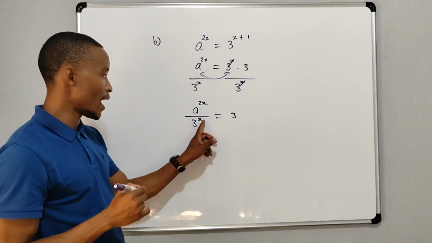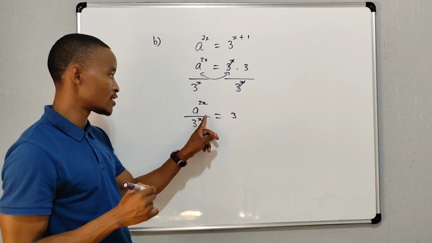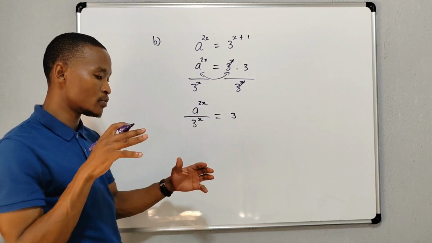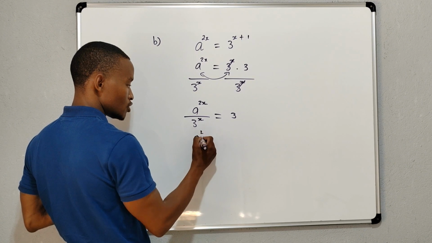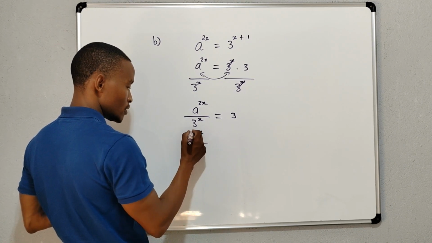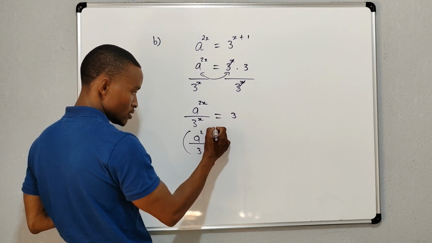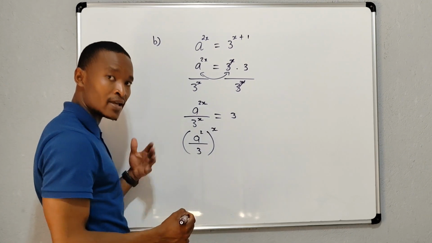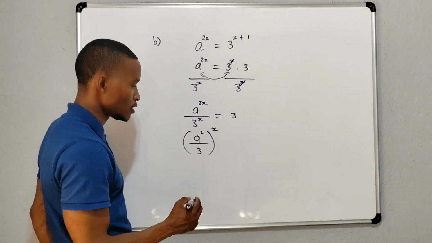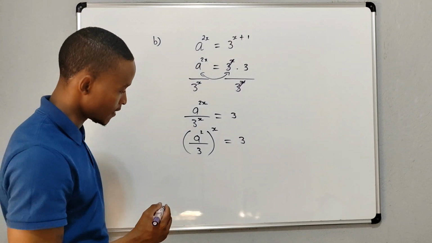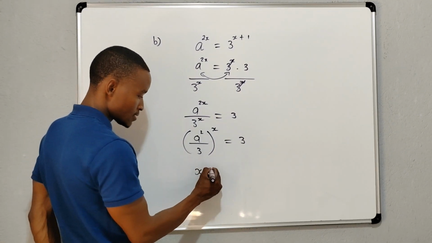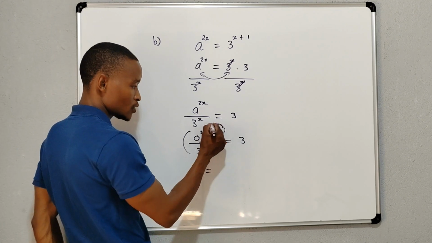How do we isolate the x here? It's an exponent, so we need to bring it out like this: 4 to the power 2 over 3, all raised to the power of x, again applying exponential laws, is equal to 3. If you were to write x equal to some expression, what will it be?